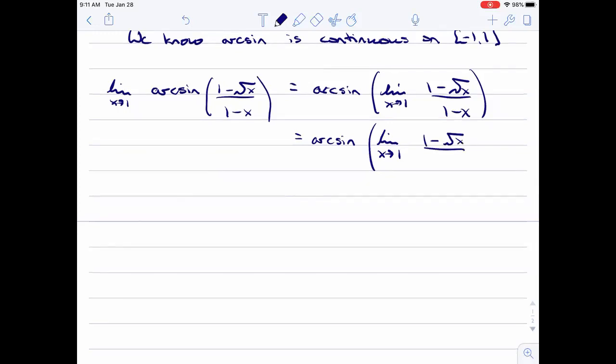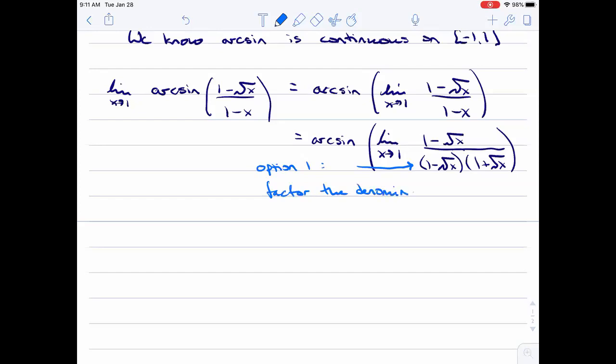(1 minus root x) over (1 minus root x) times (1 plus root x). I'd call this option 1: factor the denominator.